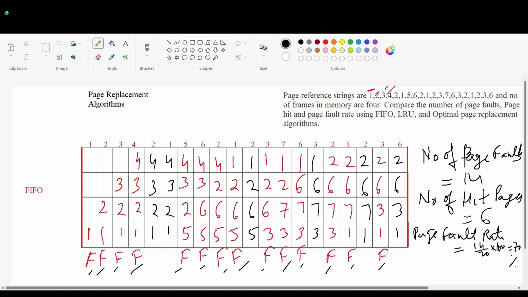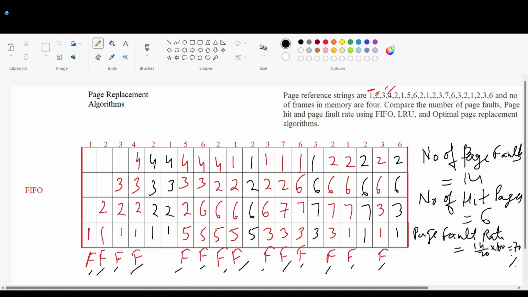Clear? So see here, we have 1, 2, 3, 4. In the future, 1 will be used here, 2 will be used here, and 3 will be used here, and 4 will not be used anywhere.